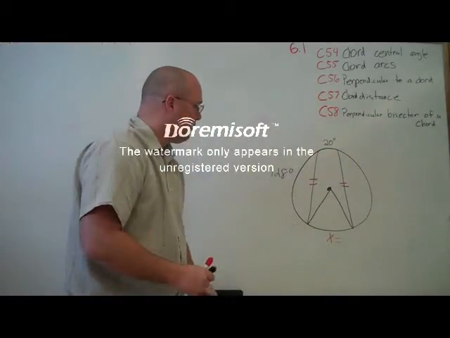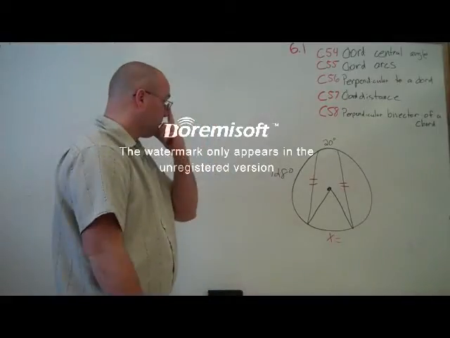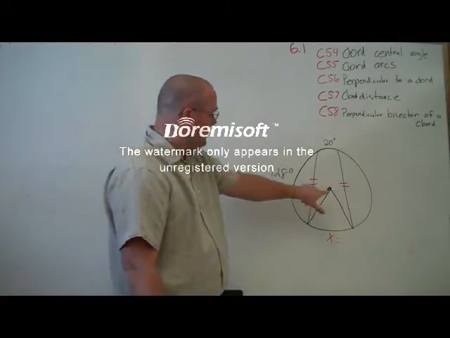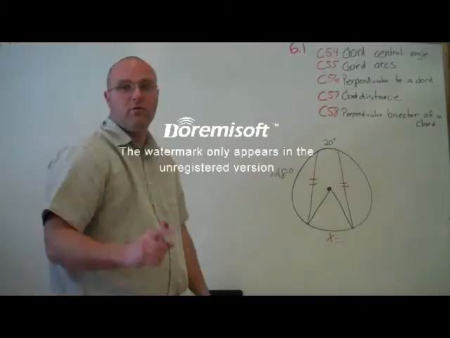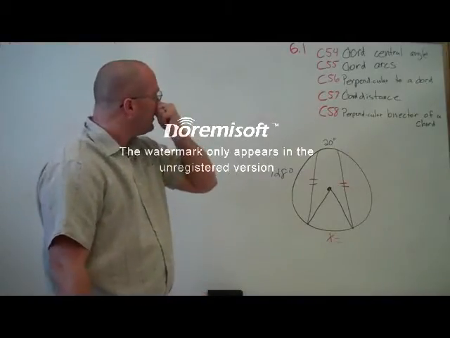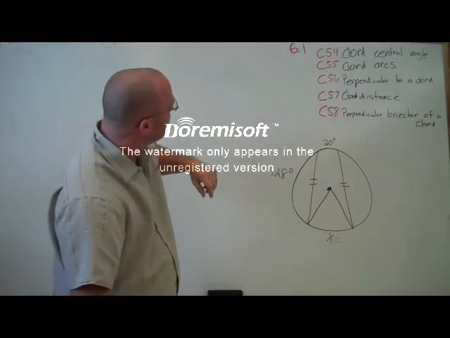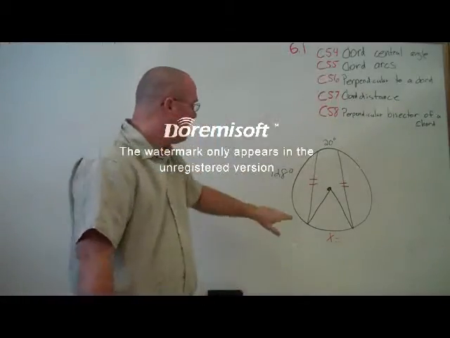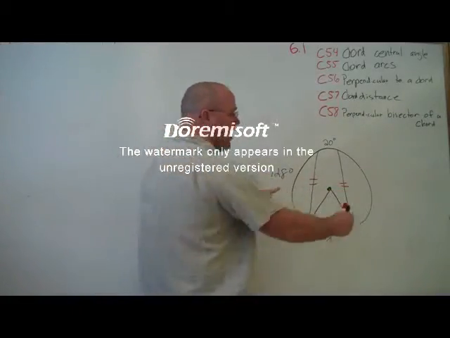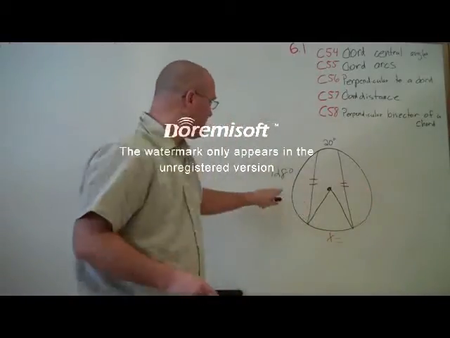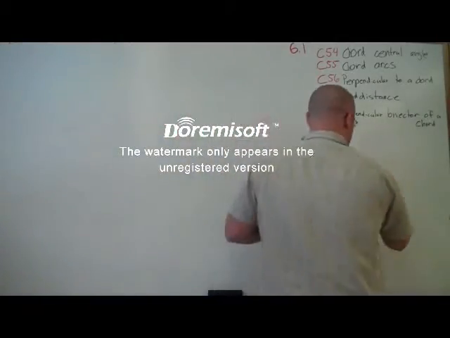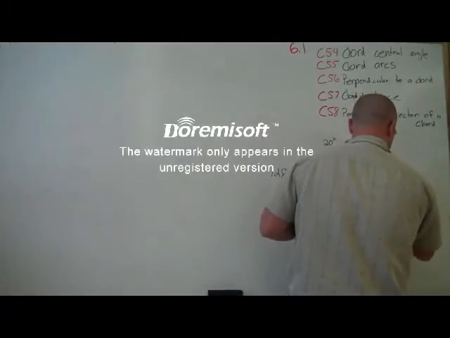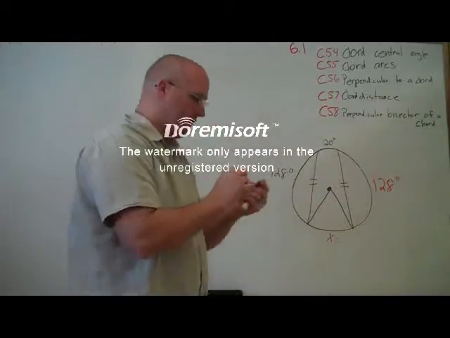Now, we need to find what x is. These two chords are congruent. If those two chords are congruent, that means chord arcs. Oh, C55. If these two chords are congruent, that means these two arcs are congruent. This is 128, that means this has to be 128 degrees.